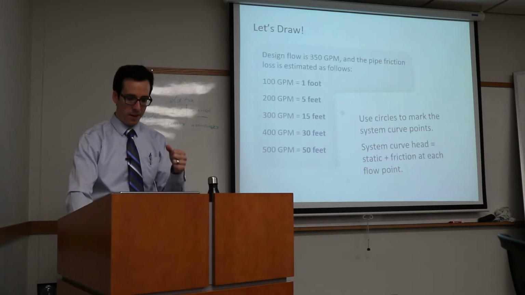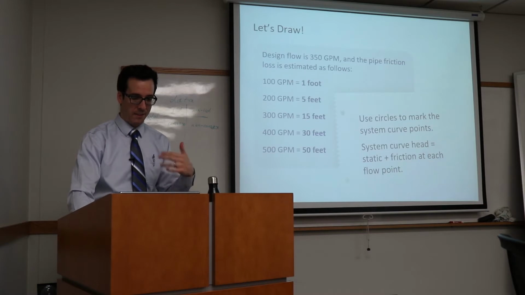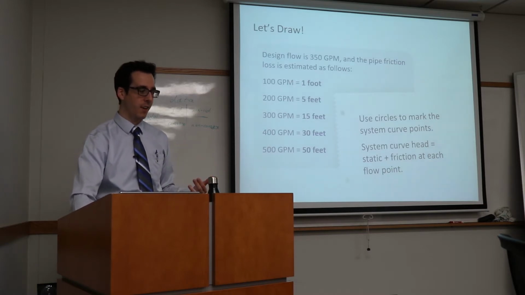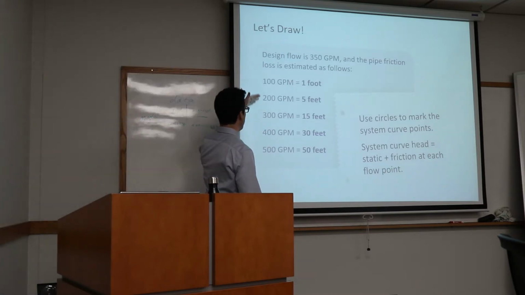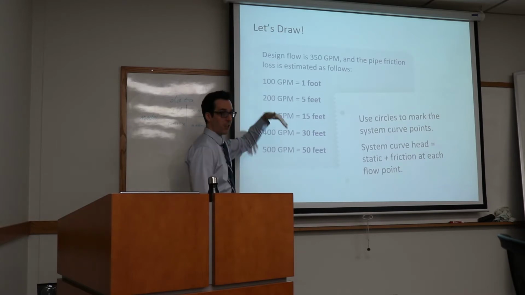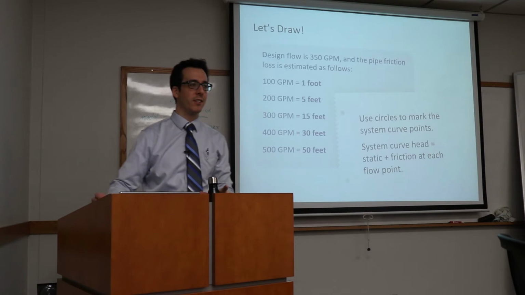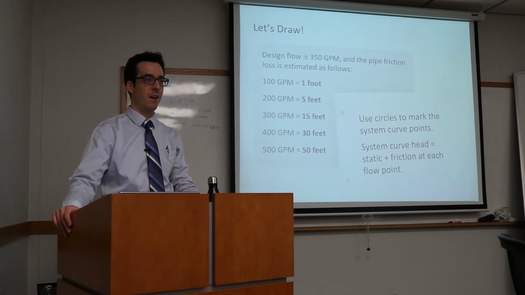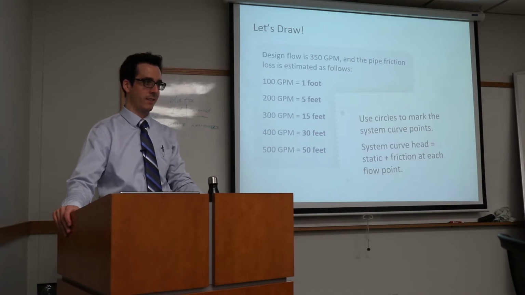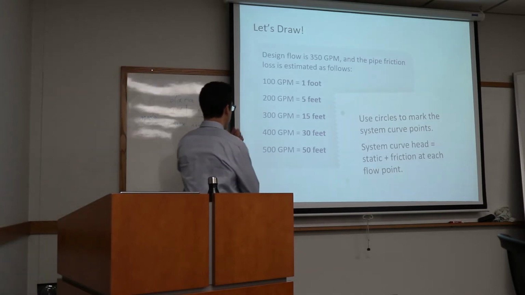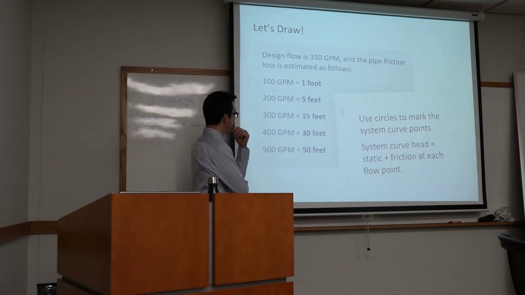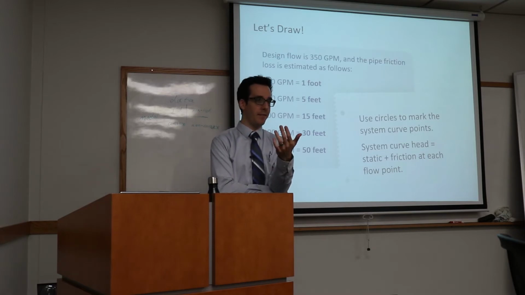Now, according to the following information, you have to add head loss according to the flow rate. So at 100 GPM, you have 1 foot of friction head. So then what's your second point going to be? 41. Okay, do you get where we're going here? So draw your second point at 41. And then at 200 GPM, we have 40 plus 5.